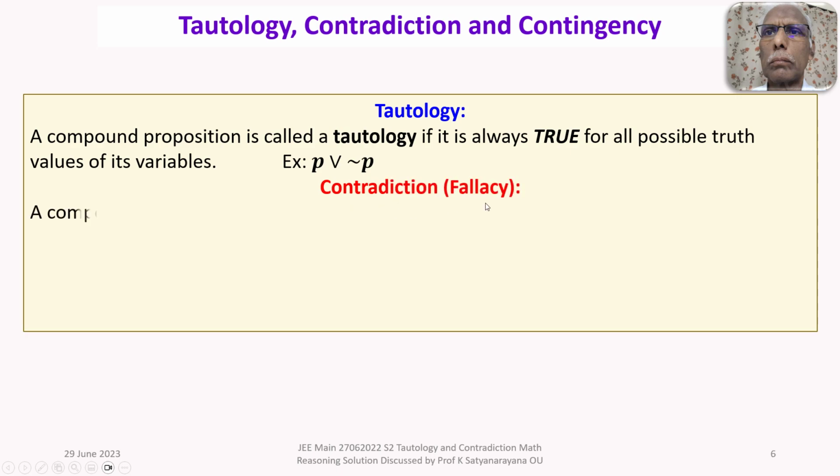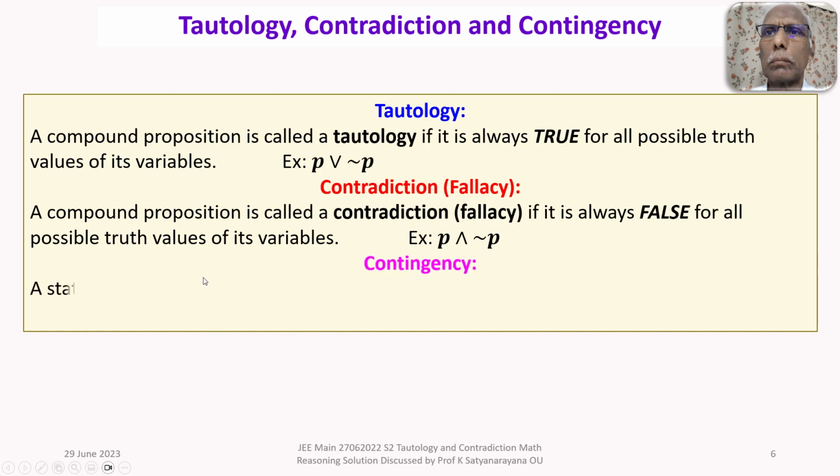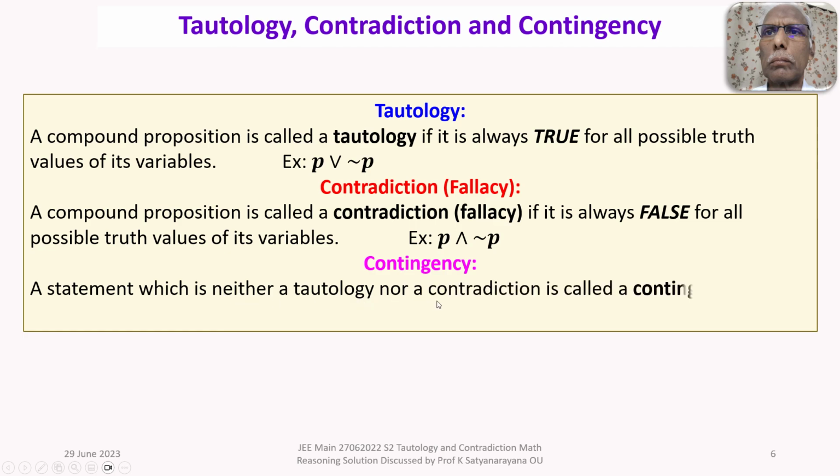Contradiction is also called fallacy. A compound proposition is called a contradiction or a fallacy if it is always false for all possible truth values of its variables. Example, P and negation of P. It will be always false for all truth values of P. Contingency: a statement which is neither a tautology nor a contradiction is called a contingency.